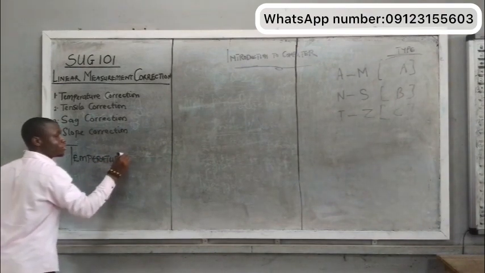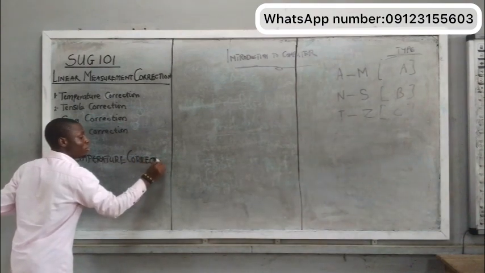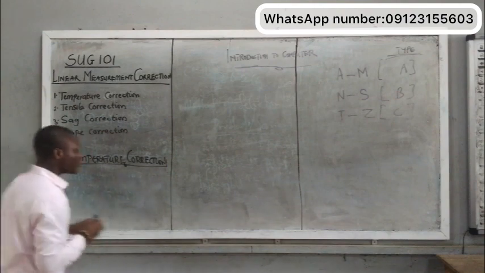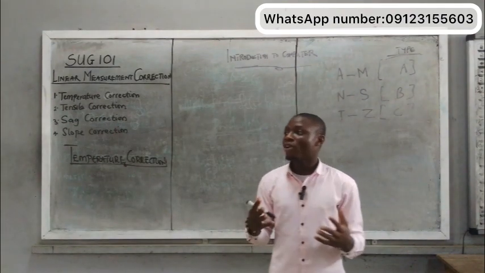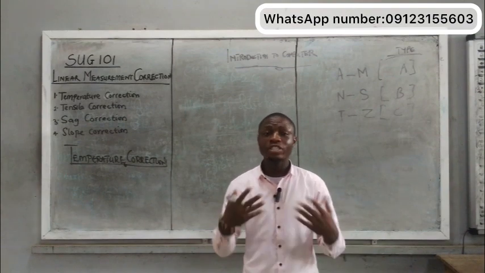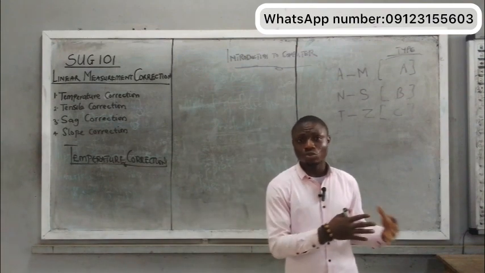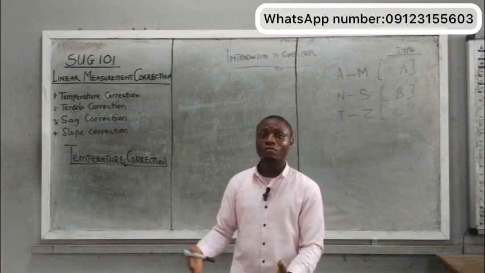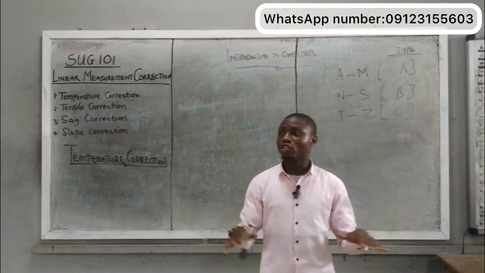Temperature correction. What is the idea behind temperature correction? Now listen, please. Whenever you survey, whether measuring the length of a house or a land, you need to note that by the standard of measurements of a land, the atmosphere must be cool.